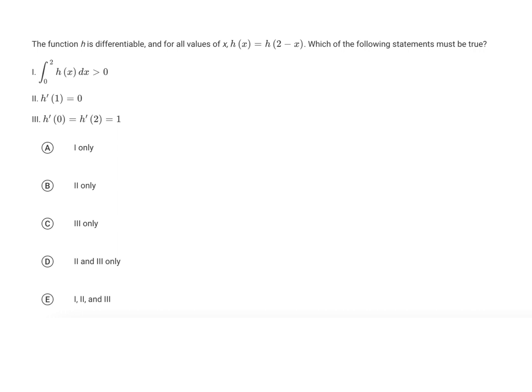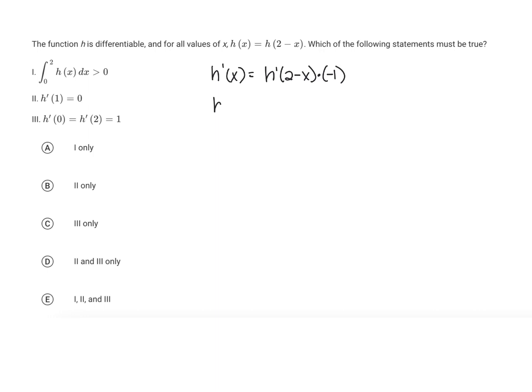Okay, I'm going to leave condition 1 alone to start with, and I'm going to work on this derivative bit. If we take the derivative of both of these, h prime of x would need to equal h prime of 2 minus x times the chain factor of -1.